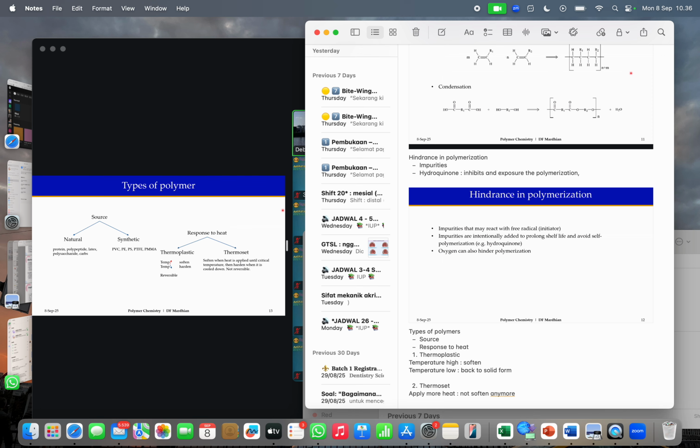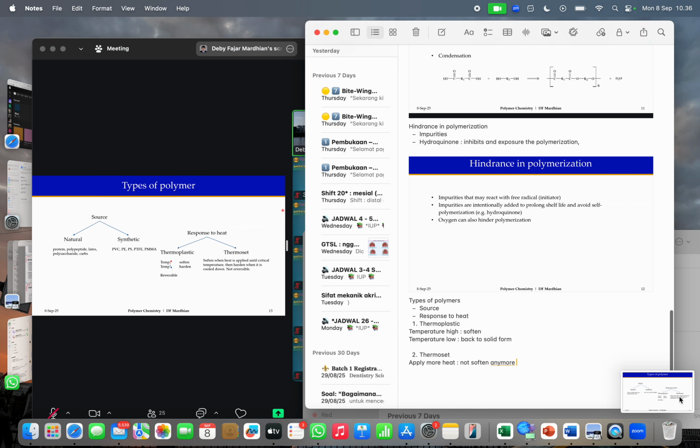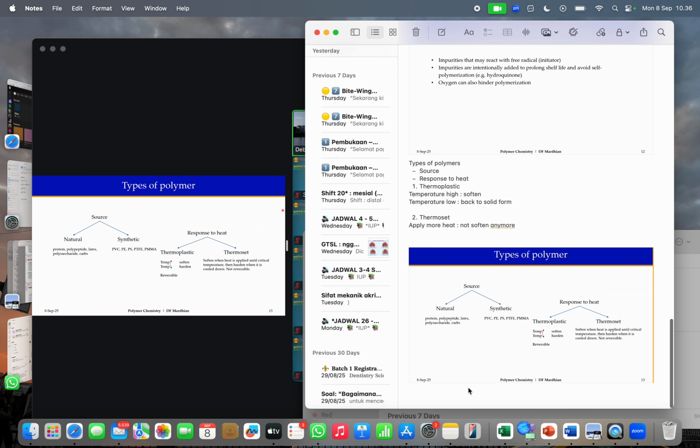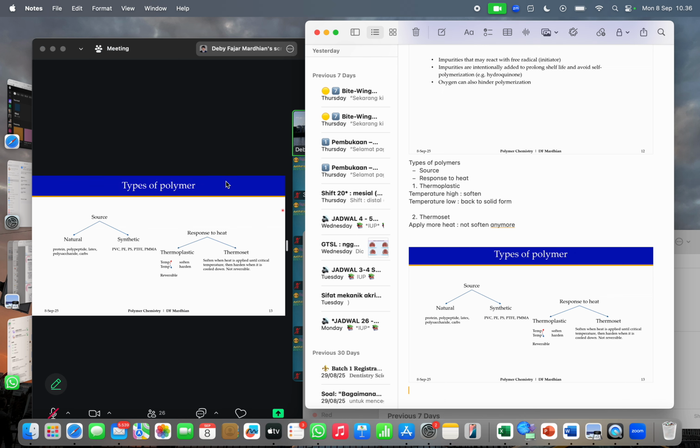So some example of thermoset polymer is like plastic steel. Does anyone know plastic steel? Plastic steel, steel meaning baja. Yeah.